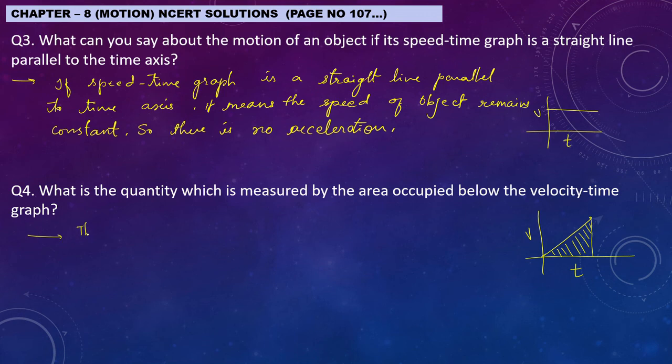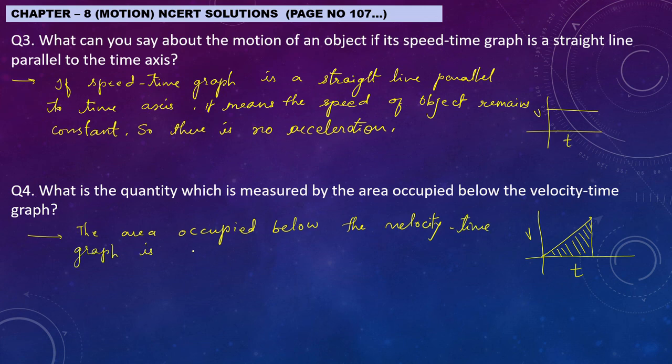So we'll write, the area occupied below the velocity time graph is a measure of distance traveled by that object. Distance traveled by the object or body, whatever is written in the question.